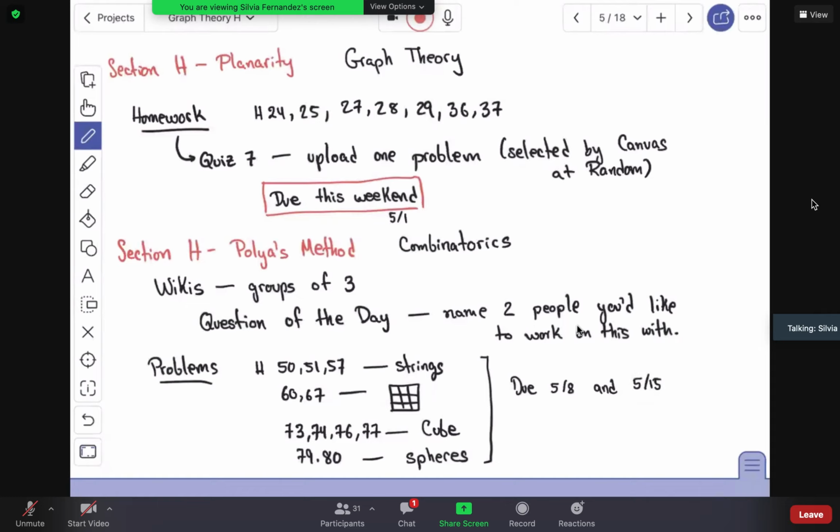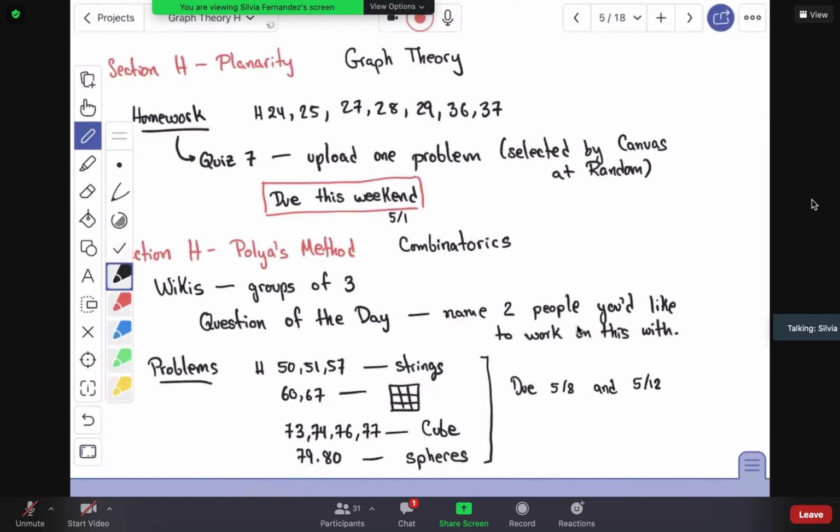Again, the first stage of every problem is due on 5-8, and then 5-15. The first stage is almost like the setup of the problem, but I think that's the one that takes the most conversation among the members of the team, and it takes a little bit longer.